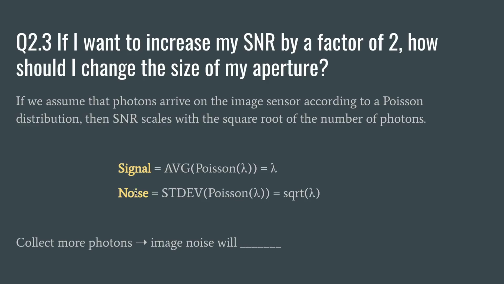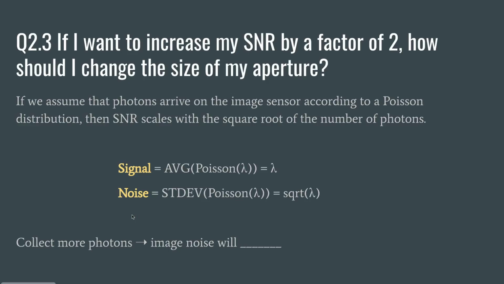And then our noise, remember the equation for SNR is our average over our standard deviation, so our signal to noise. That's going to be the standard deviation of our Poisson distribution, which is going to be square root of lambda. So that means that our SNR is going to scale with the square root of the number of photons.